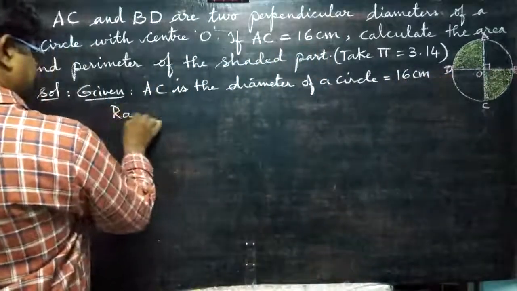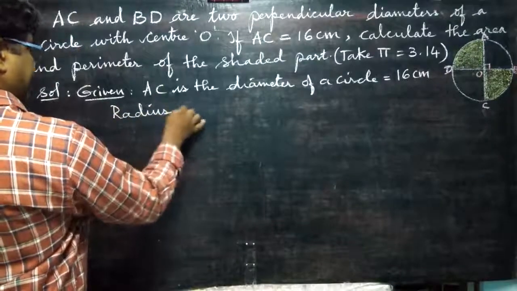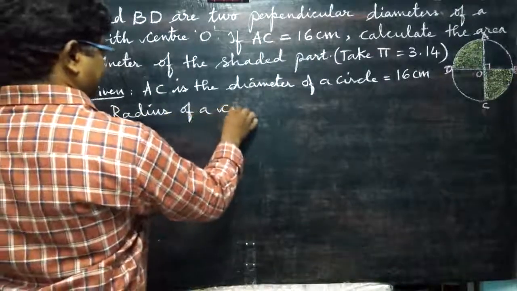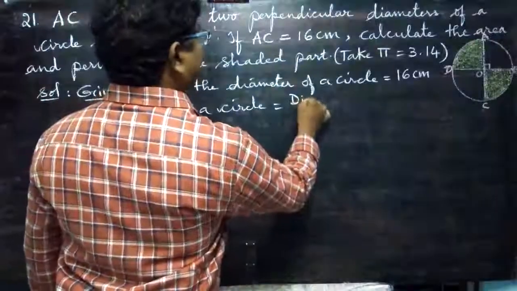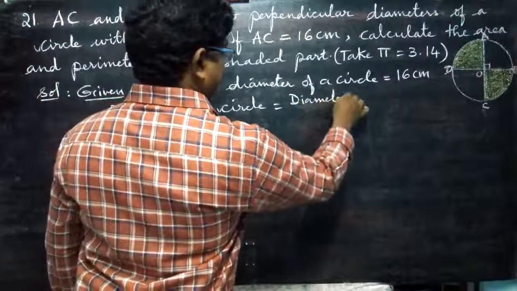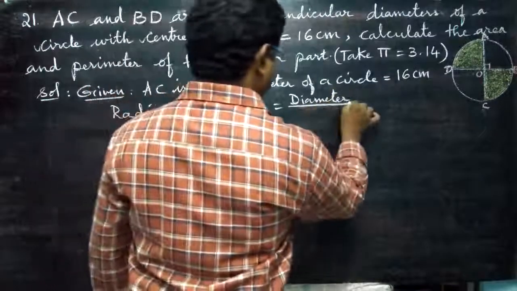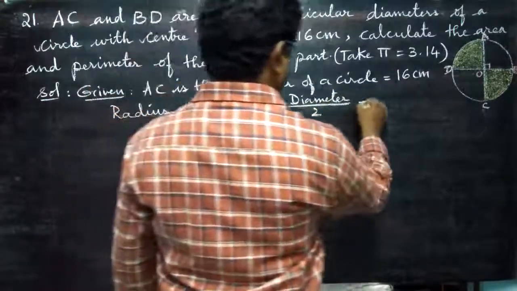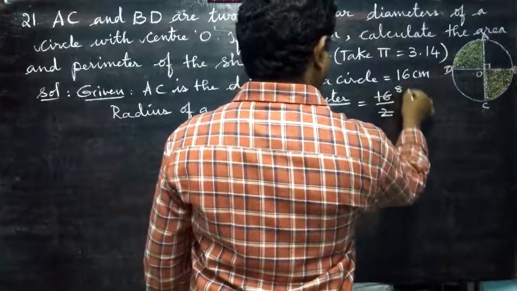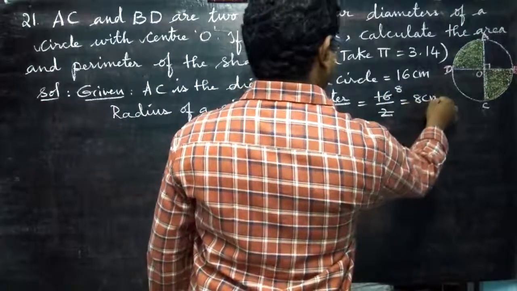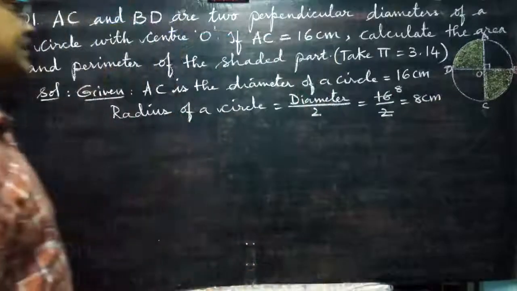So now the radius of a circle. What is the formula? Diameter by 2. That is equal to 16 by 2. 2 goes how many times? 8 times. 8 centimeters is the radius.